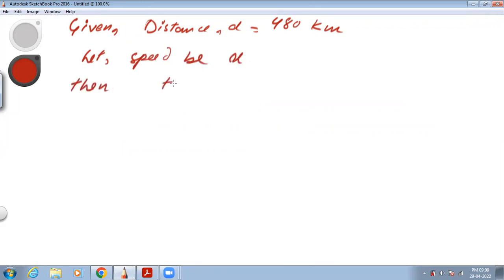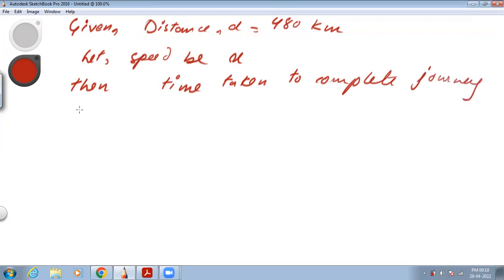Then the time taken to complete the journey will be t equals 480 by x.